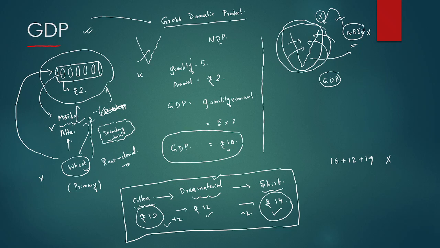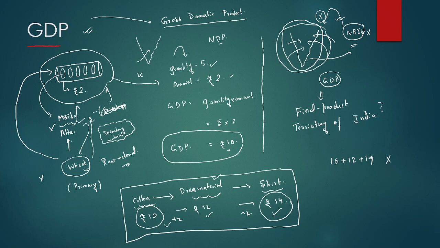As you can see in this example, the quantity and the amount, this is the final product. Whenever we talk about GDP, we talk about the final product. And domestic means within the territory of India.